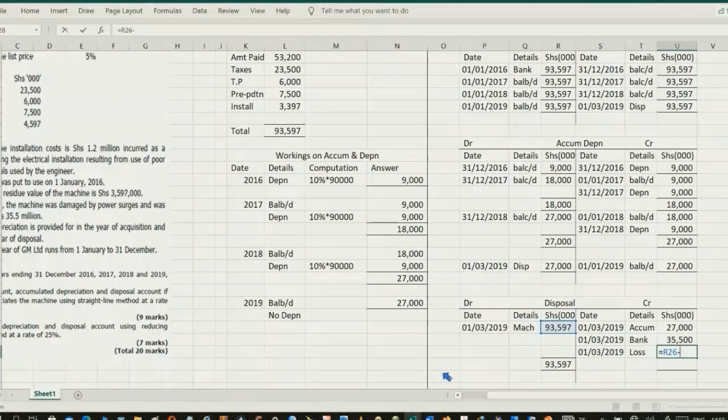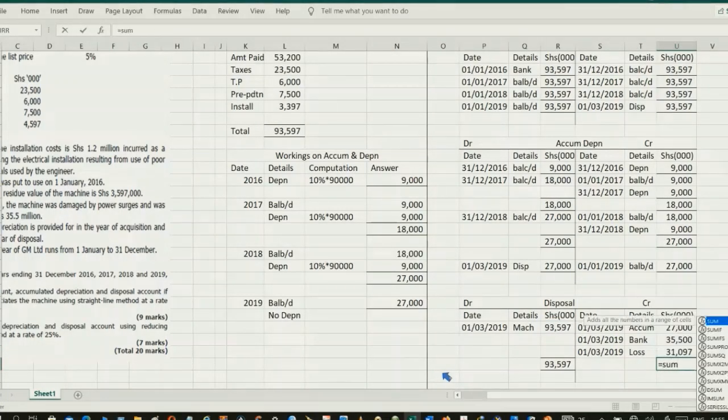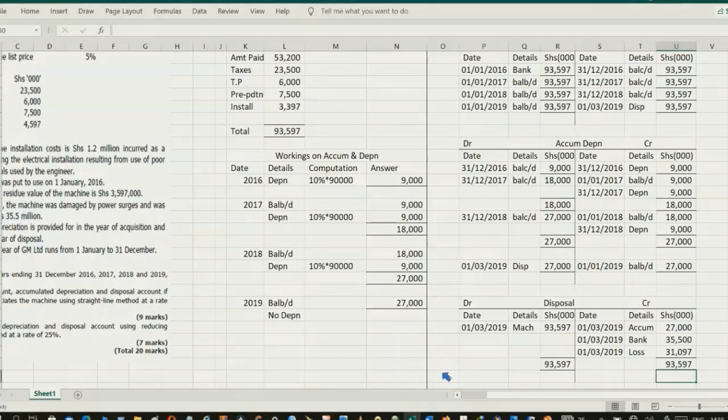And in order to know the value, we have to get our cost and less the accumulated depreciation value plus the amount we sold it for. And when we add up, it must be giving us a value of 93,597 at the end. And that's the end of the number. Thank you. Let's go to part 2.